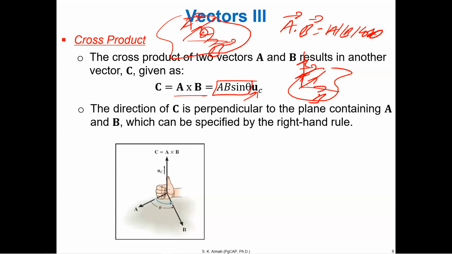It obeys the right hand rule. If you are going from A to B, then the thumb goes up. If you are going from B to A, then the direction is the other way.